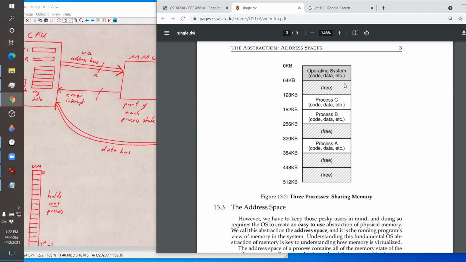Right now, this computer has 1, 2, 3 chunks of free memory, and each one of these chunks is 16 kilobytes. So that's 64 kilobytes of free memory, but it's in chunks. A 16 kilobyte chunk here, a 16 kilobyte chunk here, and a 32 kilobyte chunk here. If somebody wants 3 chunks of memory, they can't get it because there are no 3 contiguous chunks.